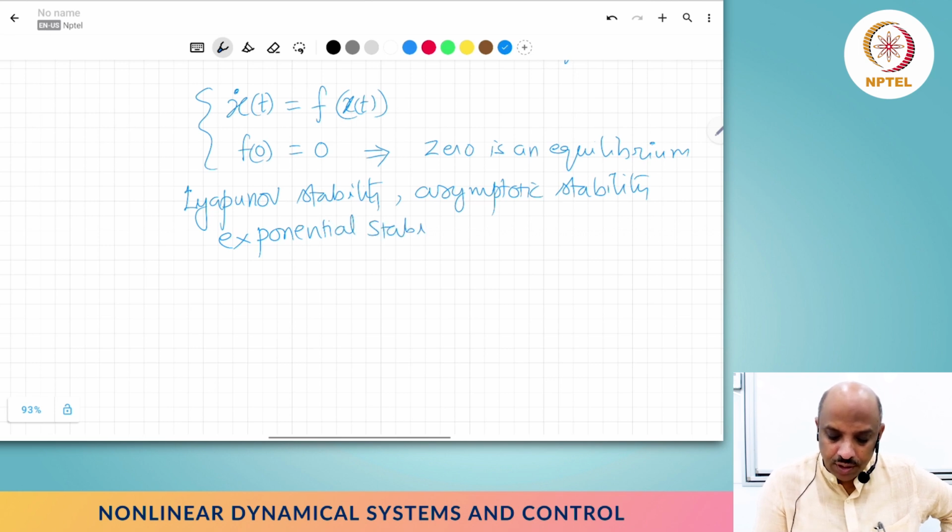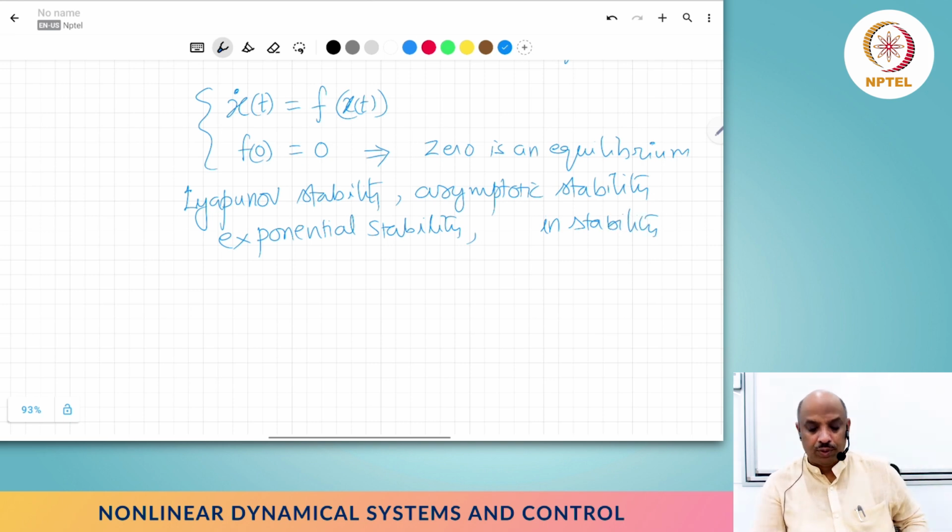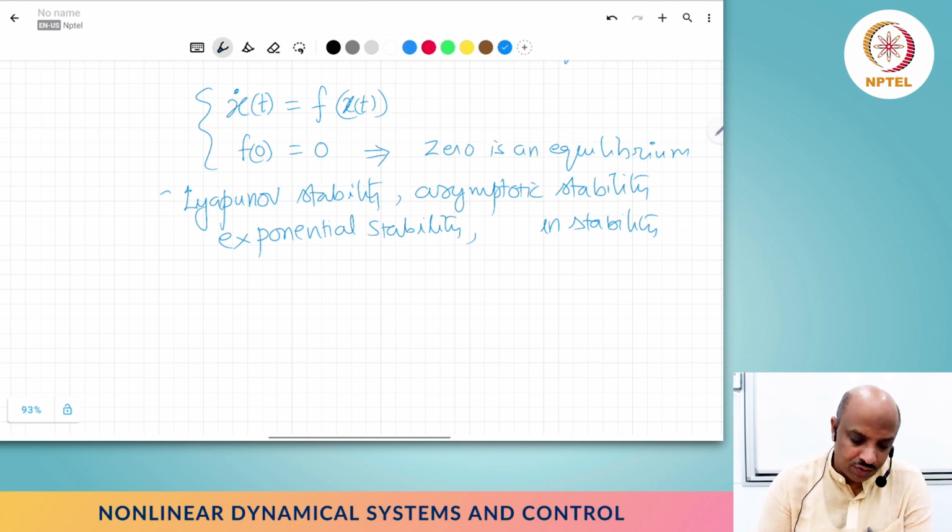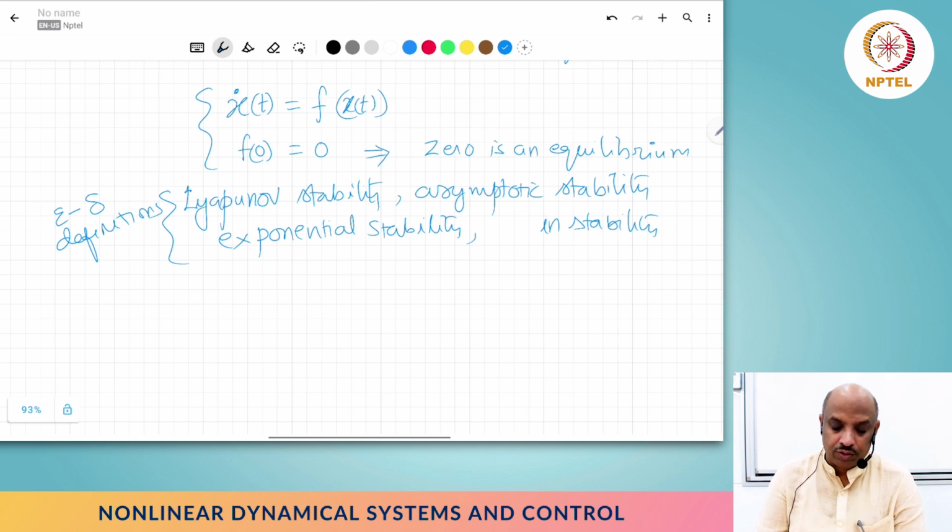And if none of these are true, then basically we'll have instability, or an unstable equilibrium point. But these definitions of stability involved epsilon-delta type definitions, and therefore they're quite difficult to test.